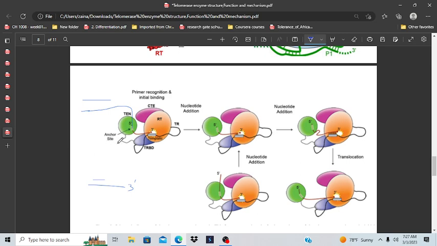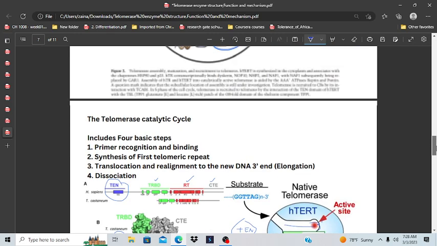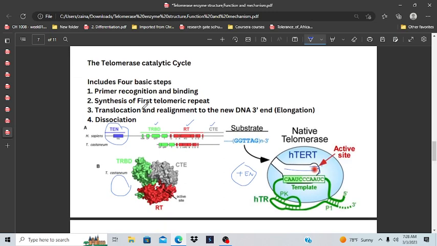In research papers, they have mentioned a lot about anchor sites. Simplified for you, the anchor site helps in the catalytic activity of the RT domain by holding the template. It helps in positioning it properly and in the stability of the template in the 3' region. In each step the nucleotide addition happens; we call it nucleotide addition processivity. The primer recognition and binding is done, so now the first telomeric repeat is going to be synthesized.